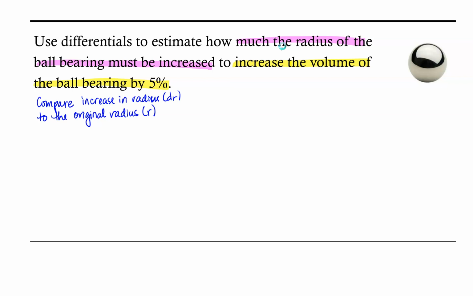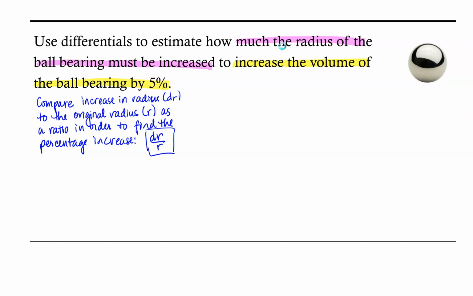And we'll do this as a ratio so that we can determine the percent increase. To find the percentage increase. Okay, so we're looking at this comparison, dr to r.